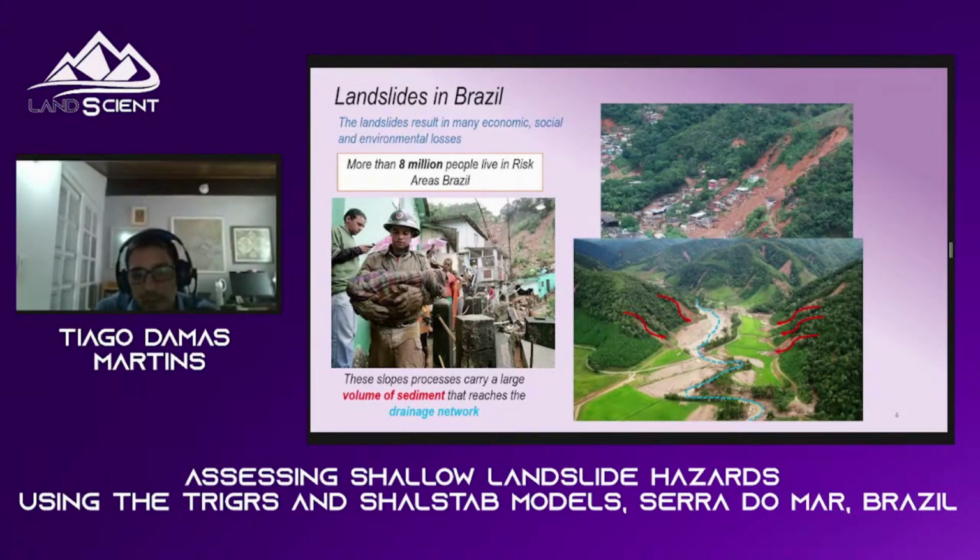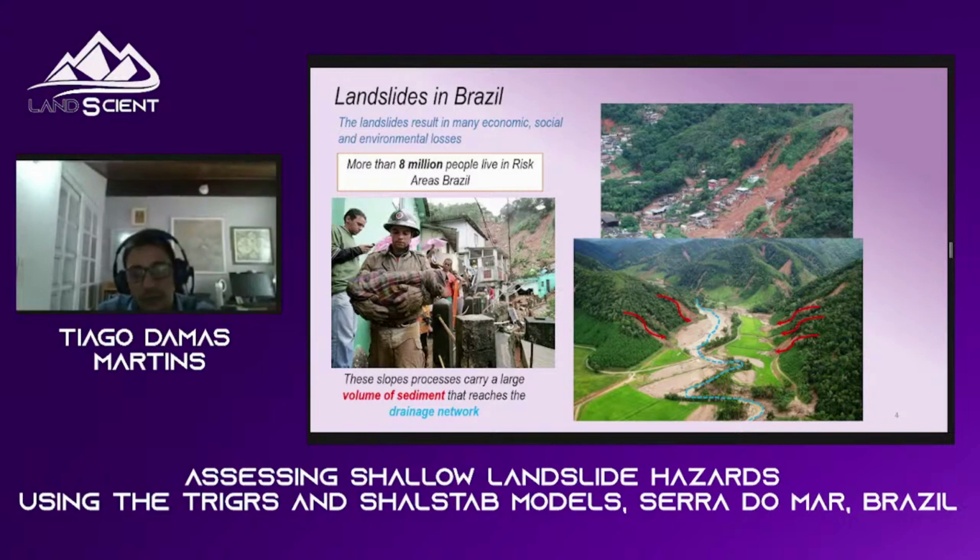And a large volume of sediments from these slopes is carried to the drainage network, filling up this drainage network and building up this kind of landscape that presents steep slopes with a lot of material prone to be moved, and bottom valleys that are prone to floods or to carry debris.